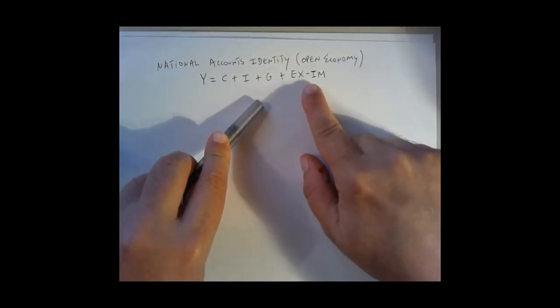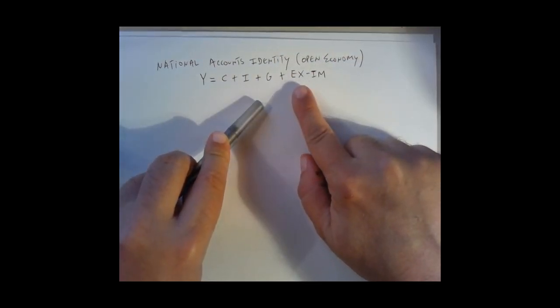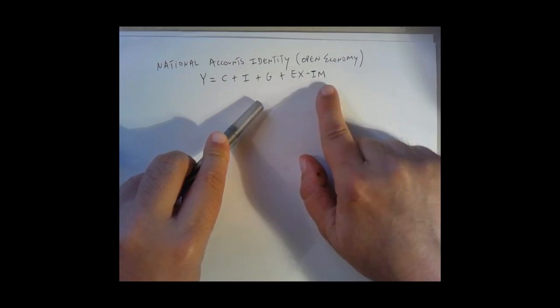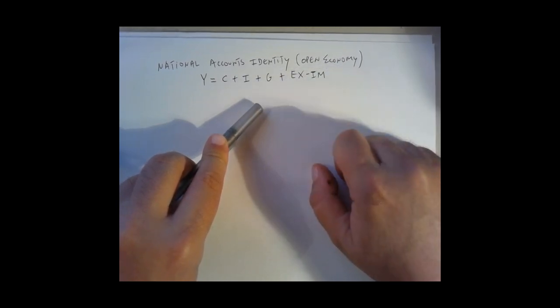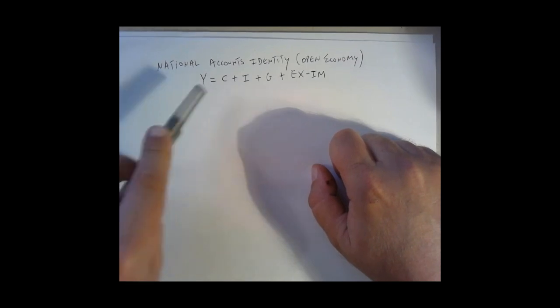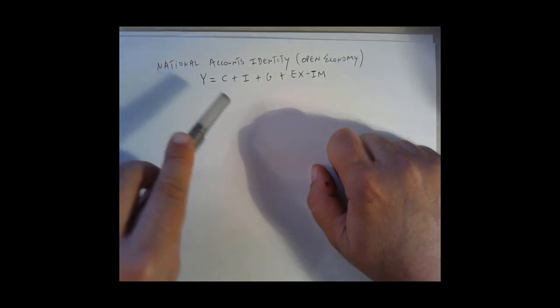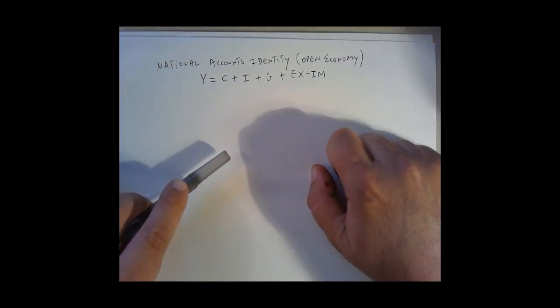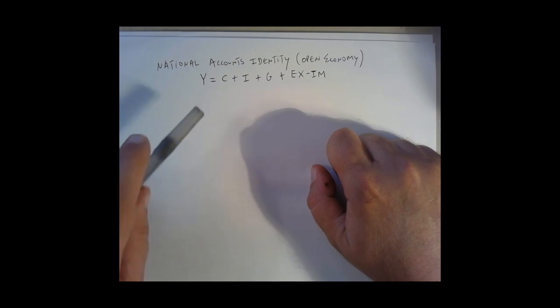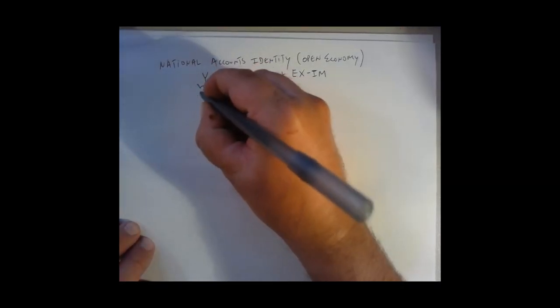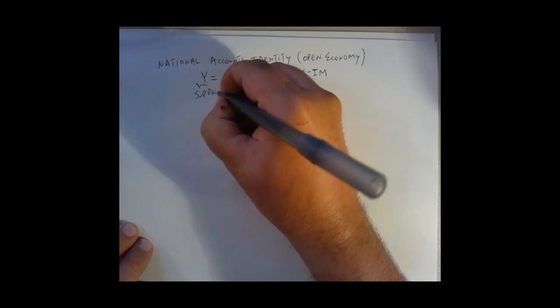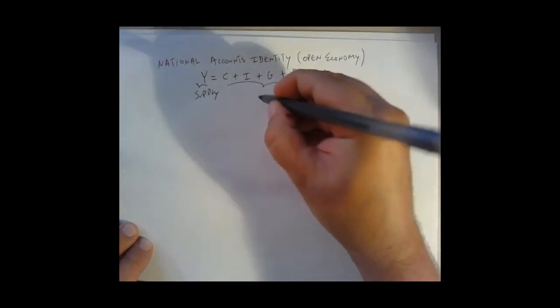If it considers as well the exports and the imports, then we're talking about an open economy. When written in this format, the national accounts identity is being expressed in what we call the expenditures approach. Whatever is produced, so this is the supply side, is equal to whatever is demanded.